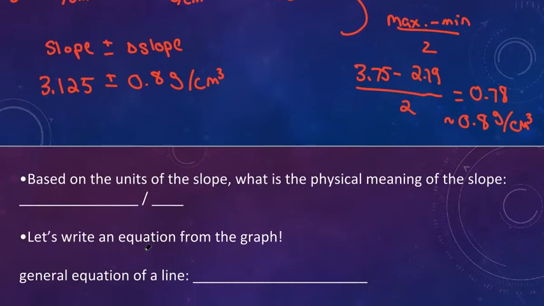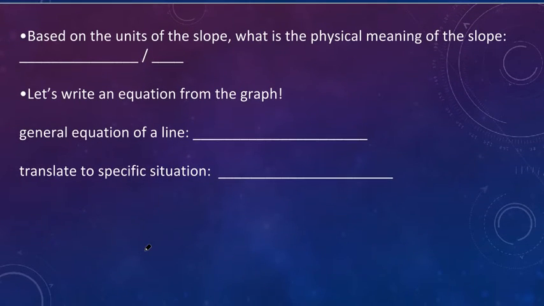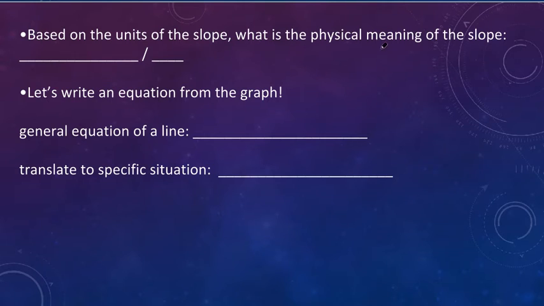So let's ask ourselves, what is the physical significance of our slope? So sometimes the quantity itself helps you answer this, sometimes the units. Okay, so we have a mass on this axis, which is in grams, and we have a volume in cubic centimeters on our x-axis. So ask yourself, what does mass over volume equal?